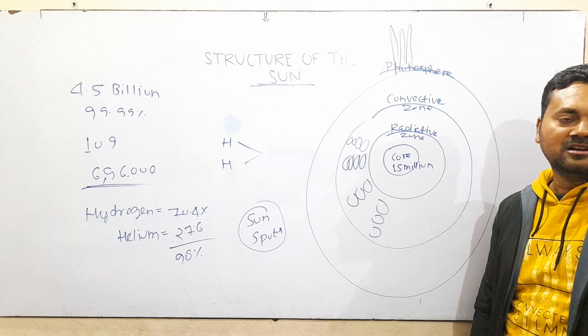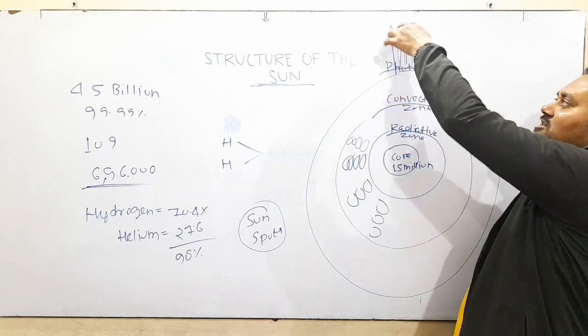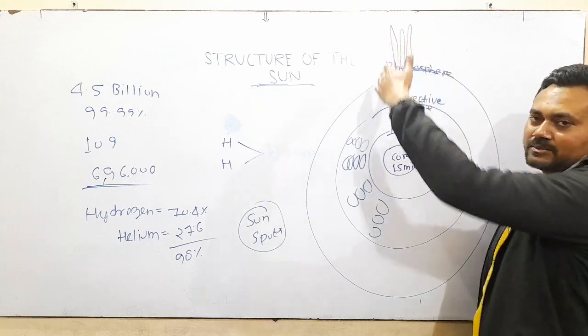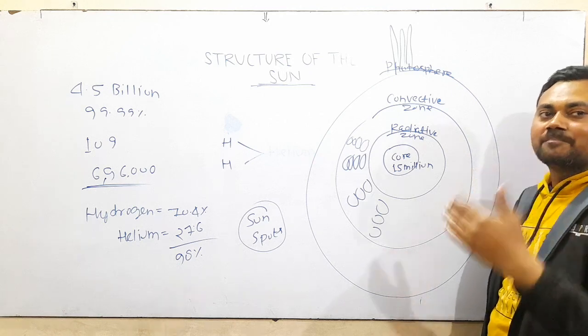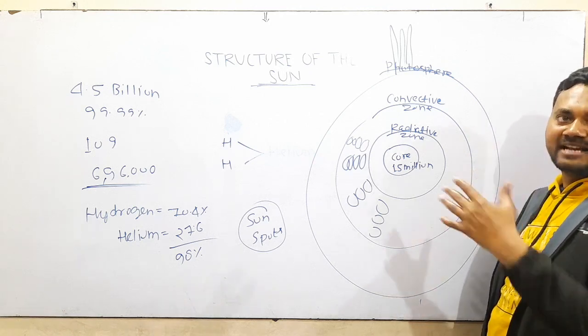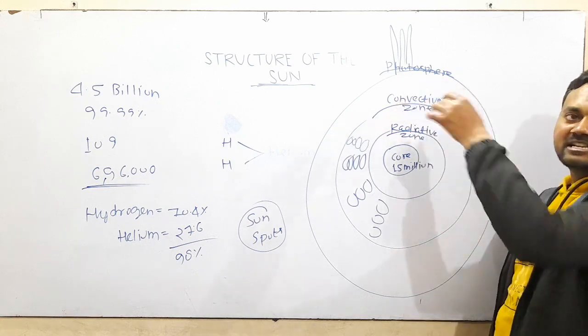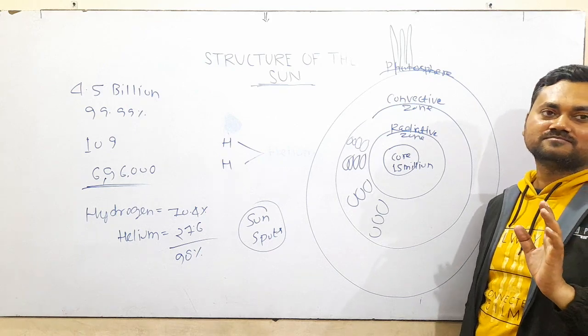But this fire flame keeps on going forward, and a time comes when the temperature of that solar flame decreases to 4000 degrees Celsius.